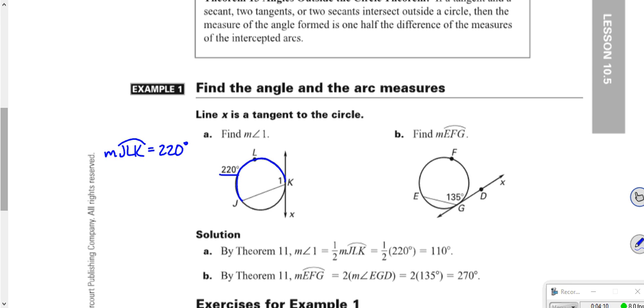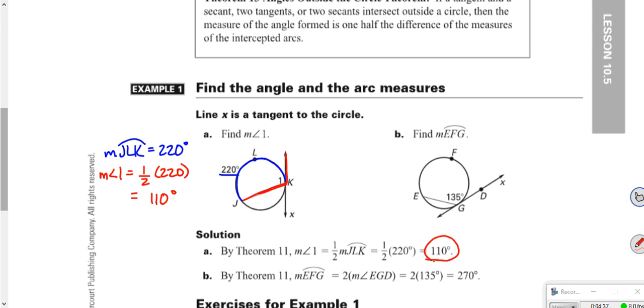We are trying to find the measure of angle 1. The measure of angle 1 is going to be 1/2 of that intercepted arc. So 1/2 of 220 is 110. Again, they did the work for us, but I just wanted to write it off to the side.